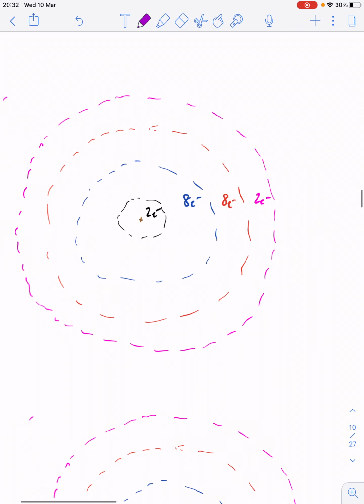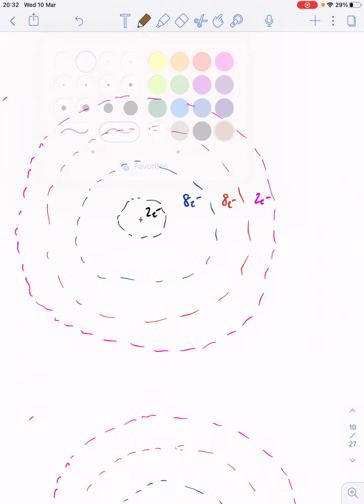So if I start off with an atom here, this would be calcium. Imagine that there's 20 protons in that nucleus, and there's 20 electrons arranged out here in the shells. Now, when I go to scandium, I add a 21st proton, and I add another electron, but I actually add it here.